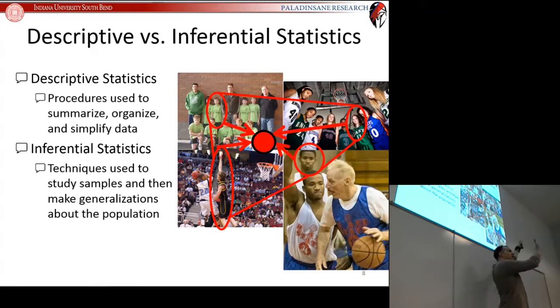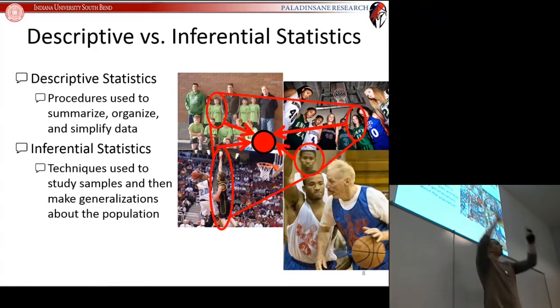They will make those generalizations on their own. You have to teach them to be racist in a certain way, but they will naturally just make generalizations about individuals. We are very prone to going from subjects to the general population. That's what inferential statistics helps us do. It helps us take out that human bias and say, all right, what do we know about this sample?